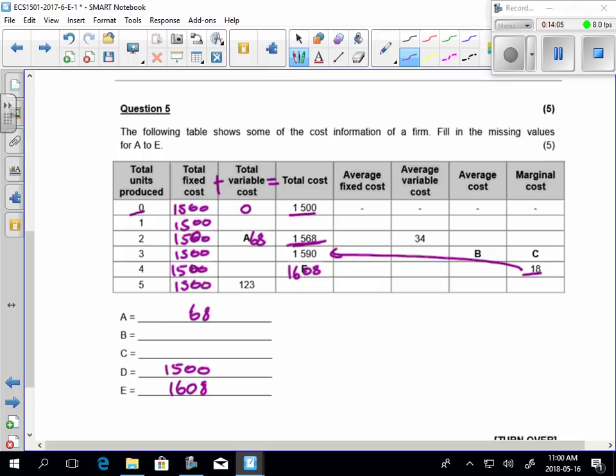Then for value B, your average cost, remember average cost is total cost over quantity. They've given us our total cost, 1,590. 1,590 divided by 3, and you should get an answer of 530.